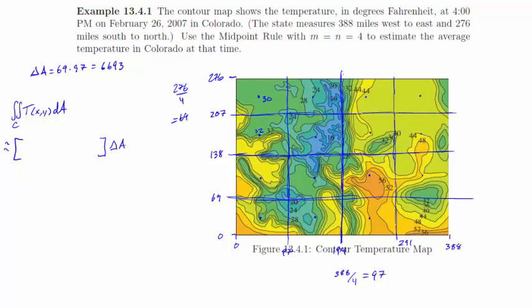Here, in this more yellow but slightly green color, it looks like 44 is in the yellow, 44 is on the border of the yellow to that green. If I'm in the middle of that green, it looks like I'm probably about 42.